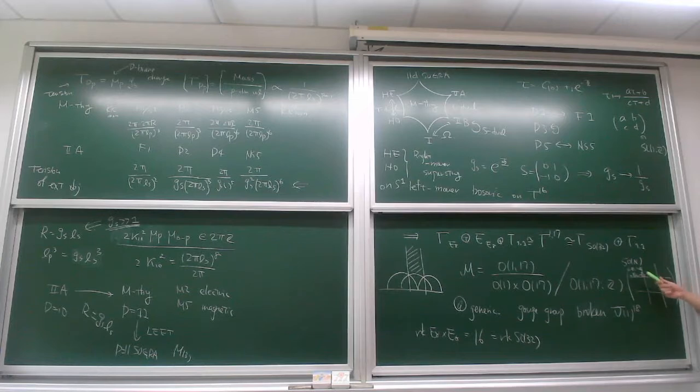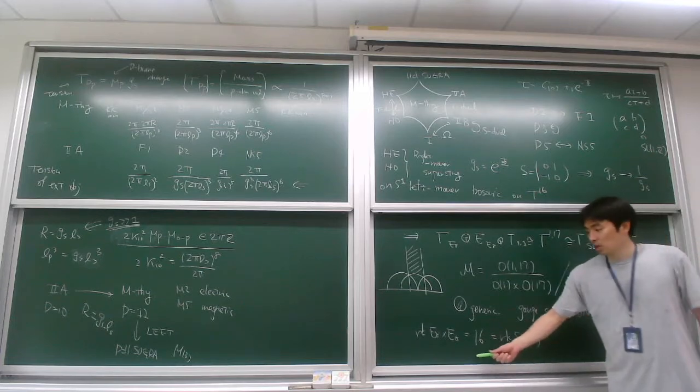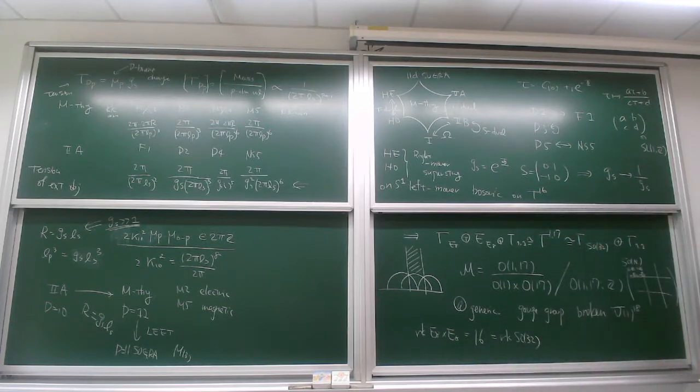It's not diagonalizable, sorry, it's block diagonalizable by conjugate adjoint action. And this number of thetas is indeed the rank of SO(N). So for SO(32), the rank is 16, and for E8 cross E8 you also get 16.